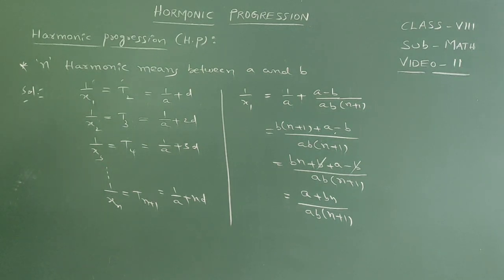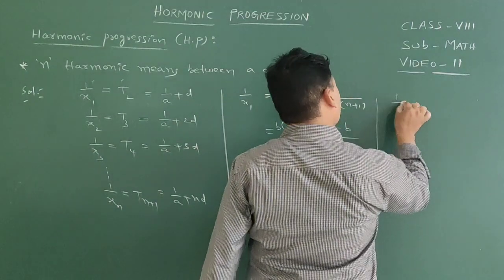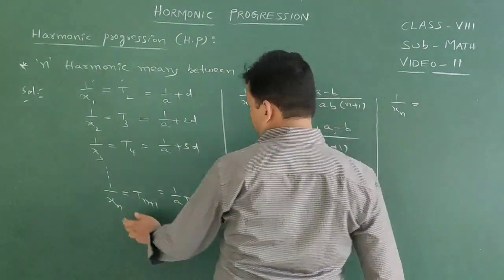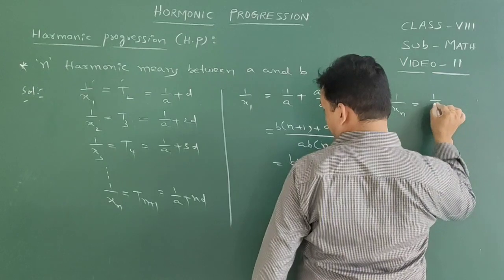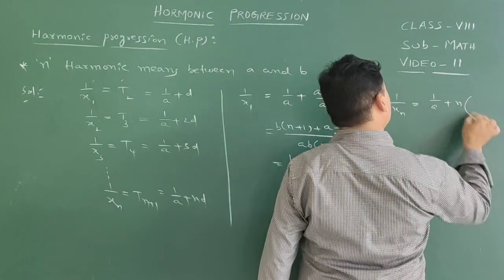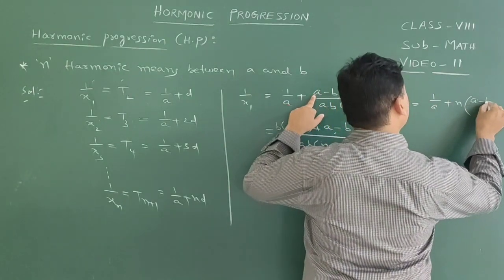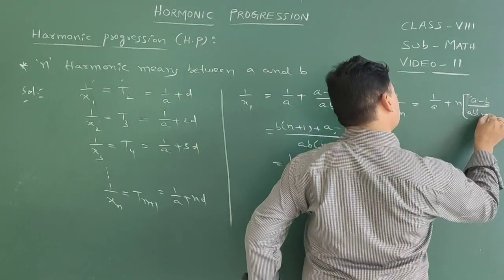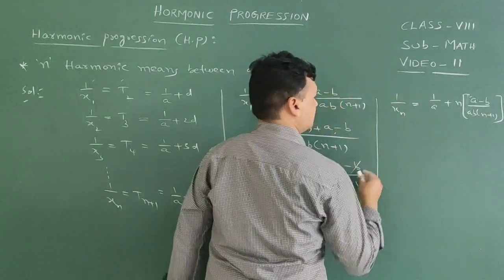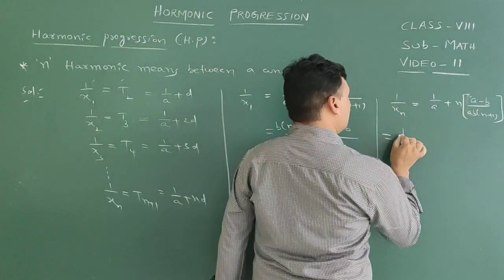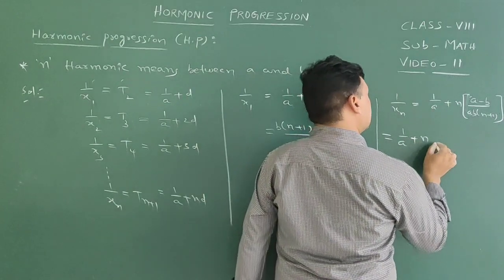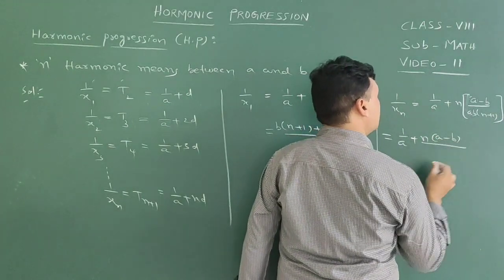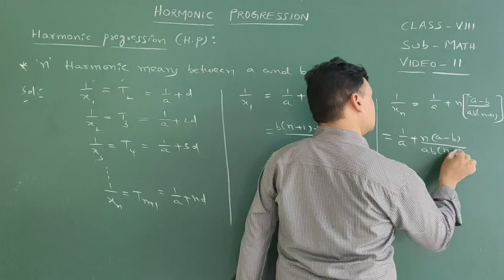In case of xn, 1 by xn equals 1 by a plus n into d, that is a minus b by ab into n plus 1. So 1 by a plus n into a minus b by ab into n plus 1.